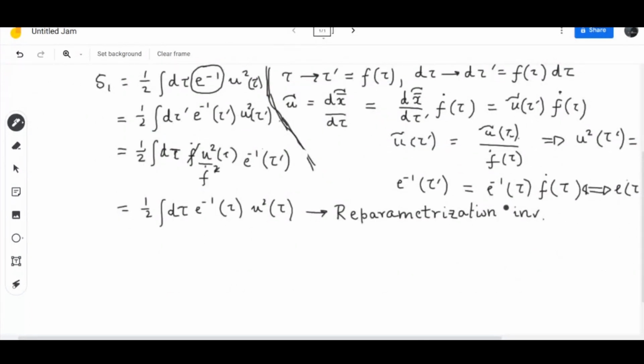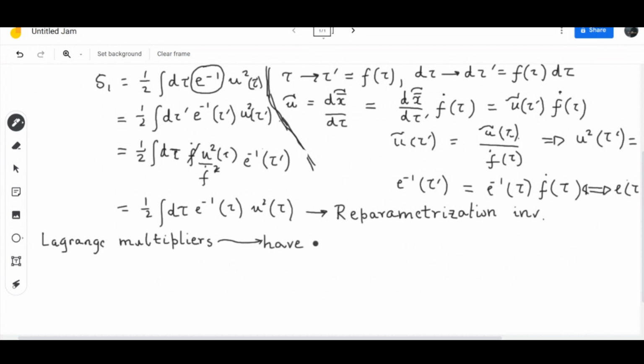You see, E is an auxiliary field. It's a Lagrange multiplier. All of you will agree with that. And all of you will agree that Lagrange multipliers, I mean, this is from classical mechanics, have no physics.